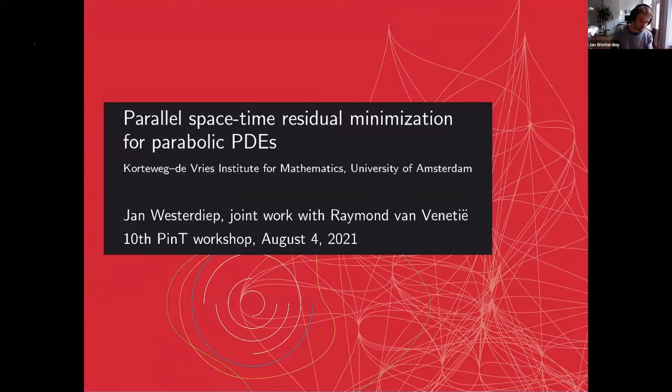But after the talk, my academic brother Raymond and I got the idea that the exact same algorithm might actually work well in a parallel setting. And we got to work, and the results of this project are actually in the proceedings of the previous PinT workshop. So that's quite nice. So the topic of today will be a couple of further thoughts on this.